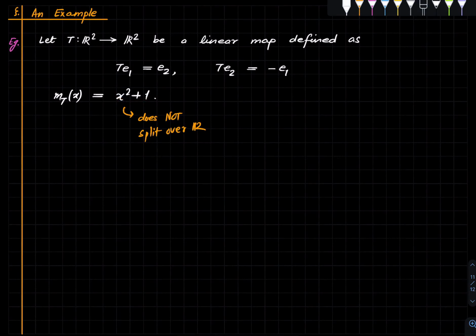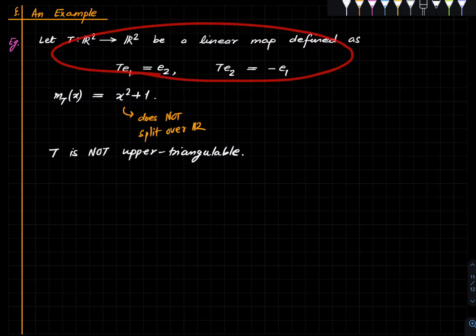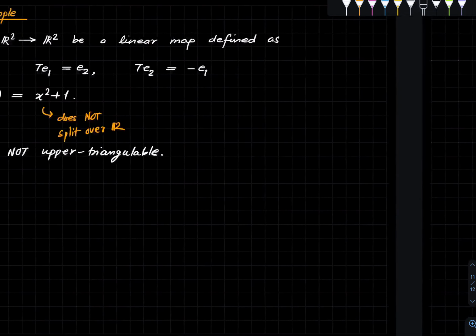And therefore T is not upper triangulable. So that's very nice. No matter what basis you pick, the matrix representation will not be an upper triangular matrix. It's not obvious that such a basis does not exist, but with our main theorem, it's trivially true.